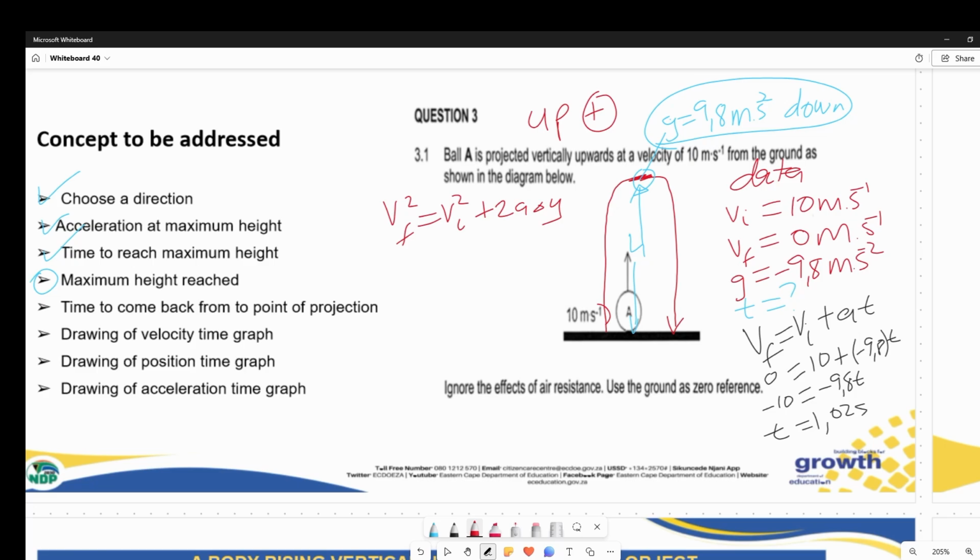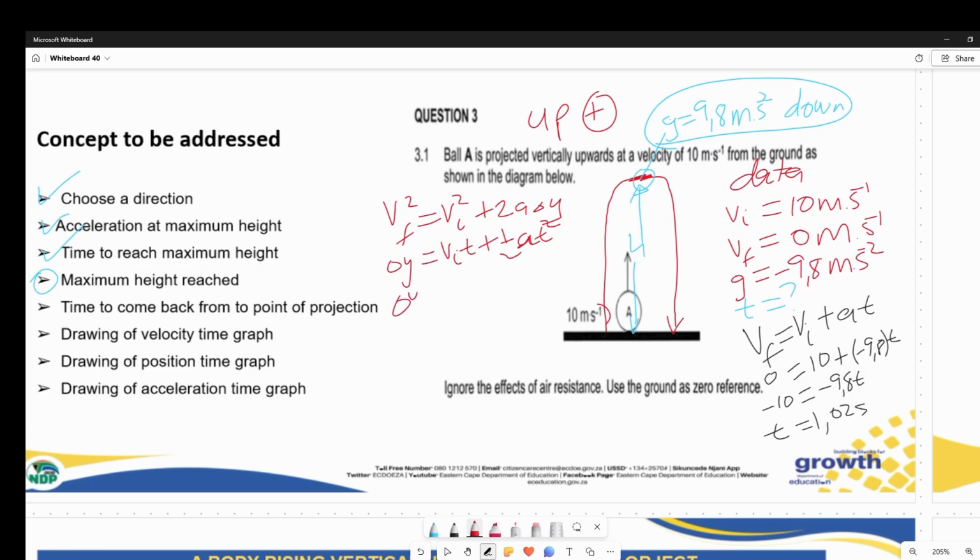Also, you can calculate using delta y is equal to V initial t plus half a t squared, because you have the initial velocity, the acceleration, and the time.